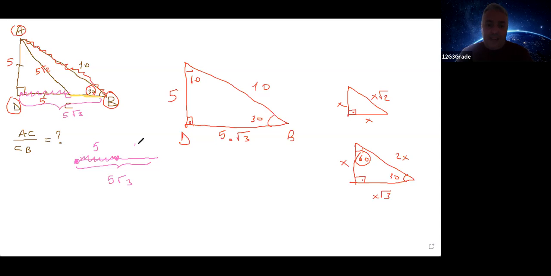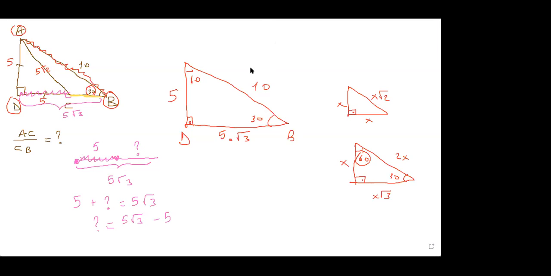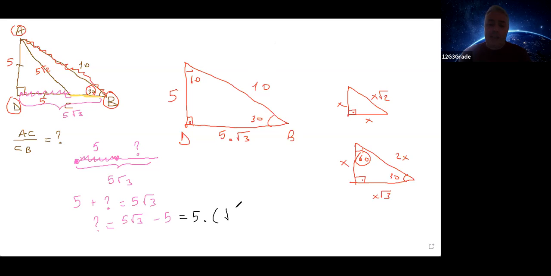So what is left? How can we find? 5 plus question mark is equal to 5 root 3. So question mark equals 5 root 3 minus 5. Yes or no? Yes. And then 5 is common, 5 common parenthesis, root 3 minus 1, we can say.